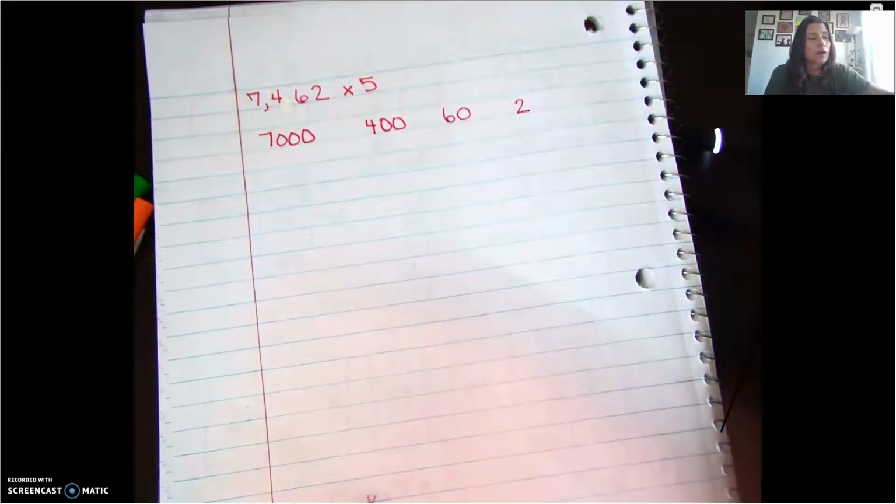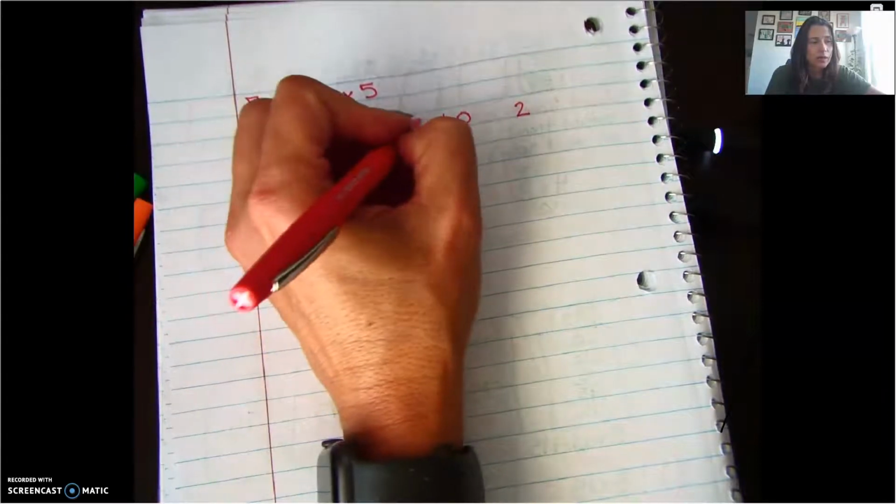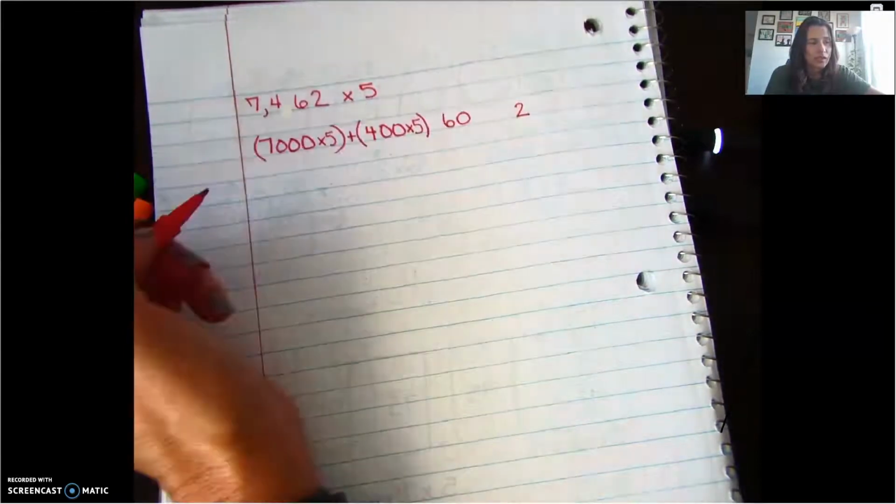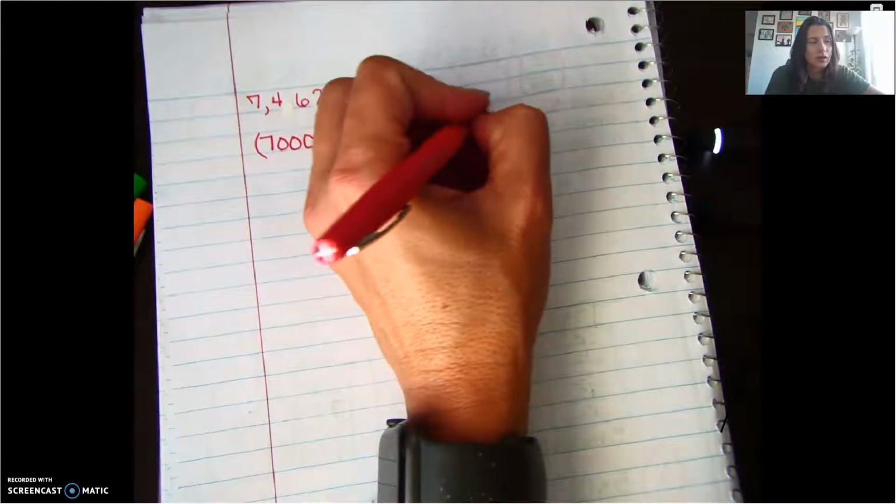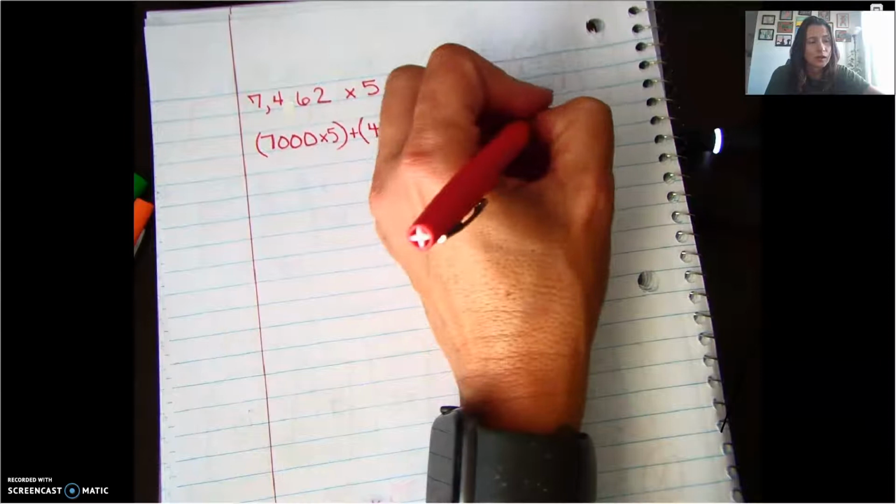Okay, so now I'm going to distribute my 5. So that's going to be times 5. Don't forget the parentheses. Then you have plus parentheses 400 times 5 parentheses plus 60 times 5 plus 2 times 5.